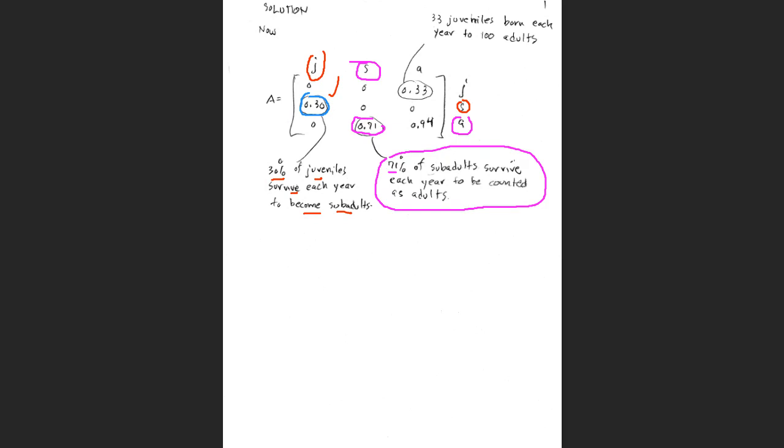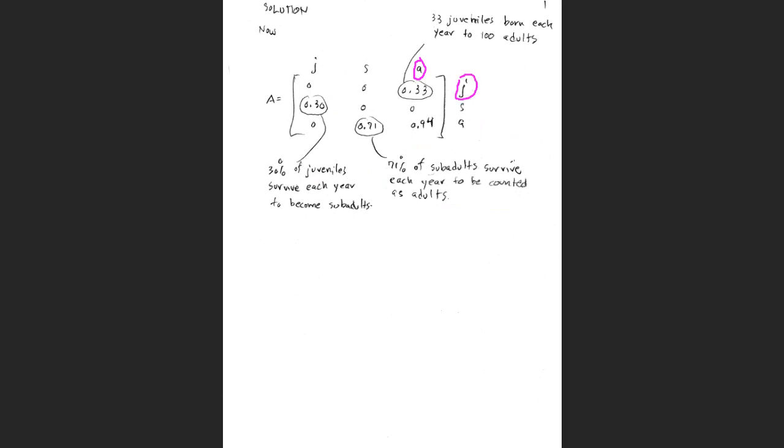Let's look at the last column. The 0.33: how can an adult become a juvenile? Well, who has the children? It's the adults.